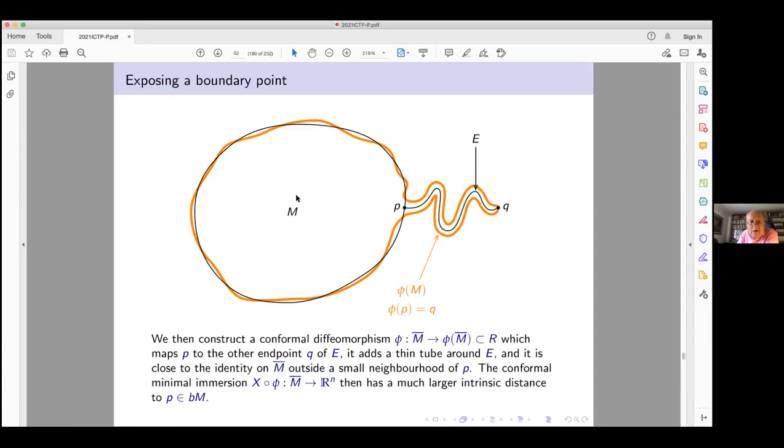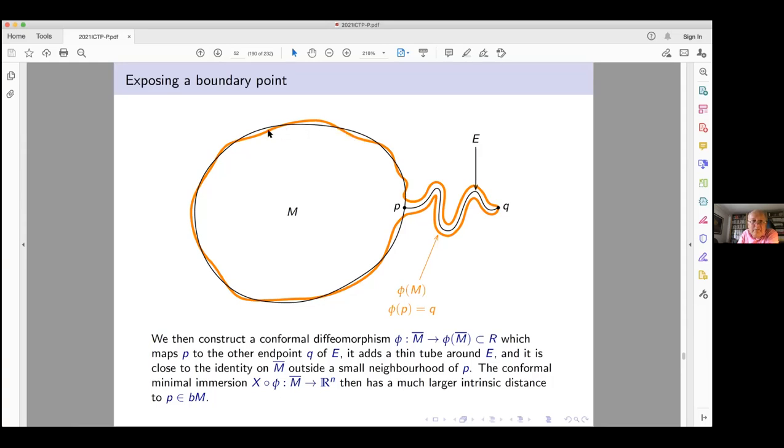And now the second step of this modification is shown by this red surface. So what am I now doing? I'm now constructing a conformal diffeomorphism from the closure of M to its image, which is some subset of the ambient Riemann surface, such that, okay, if I'm outside of a small neighborhood of P, then I'm close to the identity.